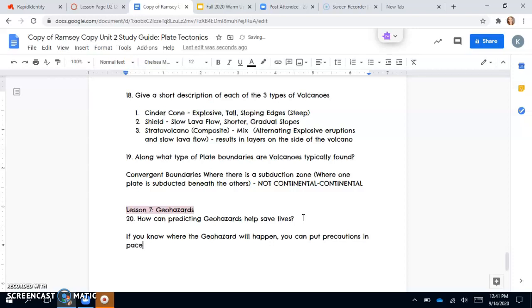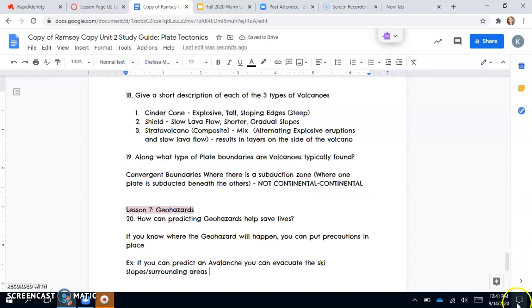So an example of this, if you can predict an avalanche, you can evacuate the ski slopes or surrounding areas and therefore save lives.